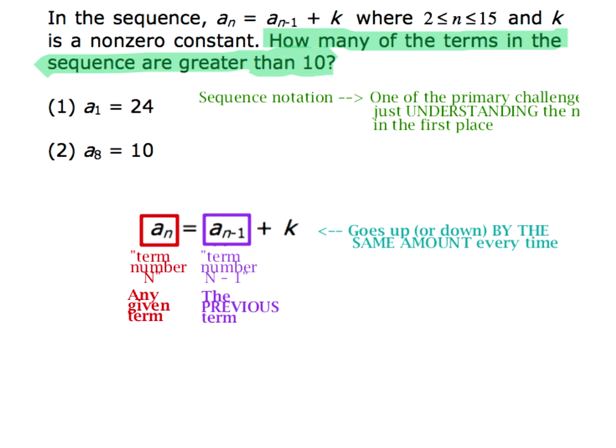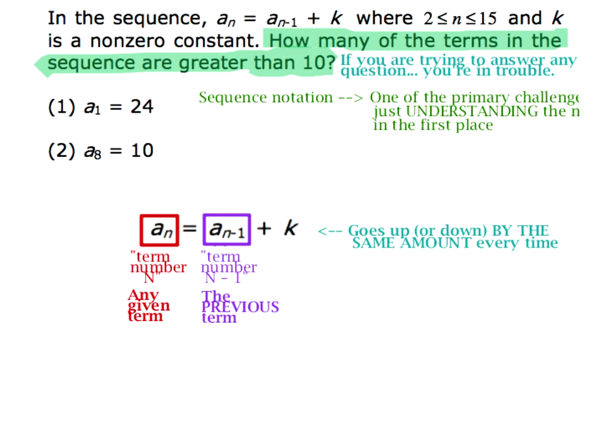In particular, if you are trying to find all of the terms of the sequence, you are in huge trouble. Beware. In general, you find the answers to data sufficiency questions without finding all this extraneous information. So we're probably going to get an answer without actually finding all of the terms. That's what we should expect.